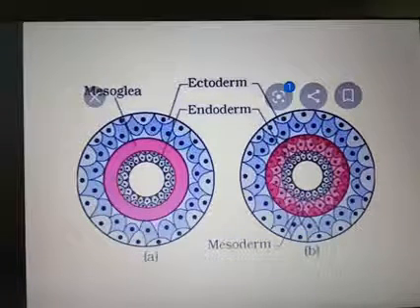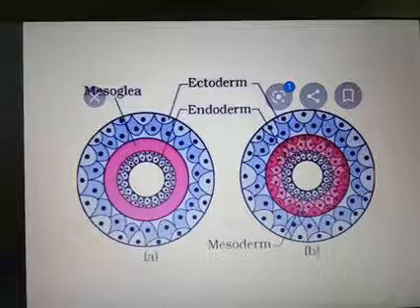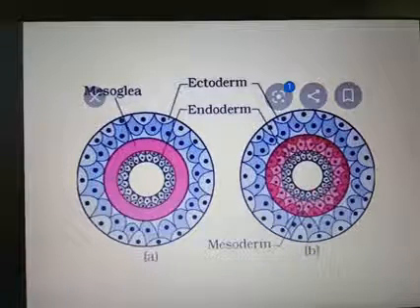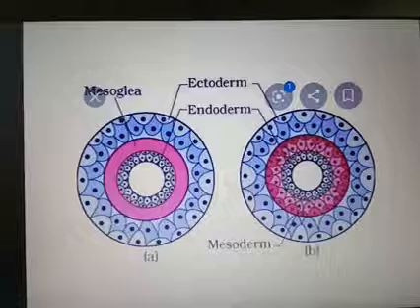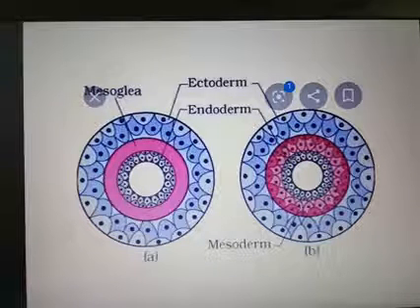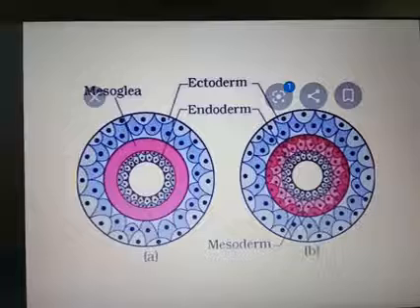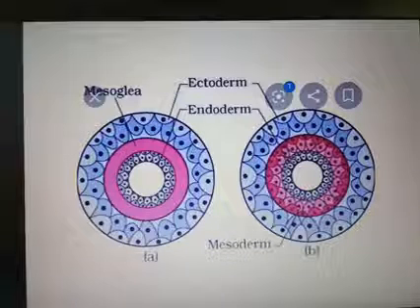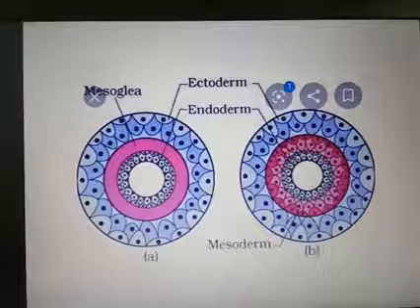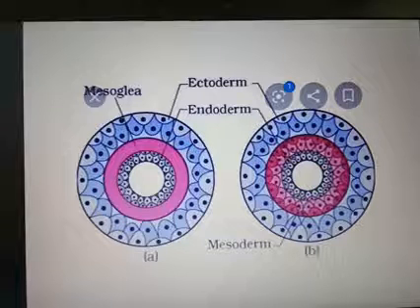Animals with two germ layers, the outer ectoderm and the inner endoderm, are called diploblastic. An undifferentiated layer seen in between the ectoderm and the endoderm is known as mesoglea. Examples for this group are sponges and coelenterata.